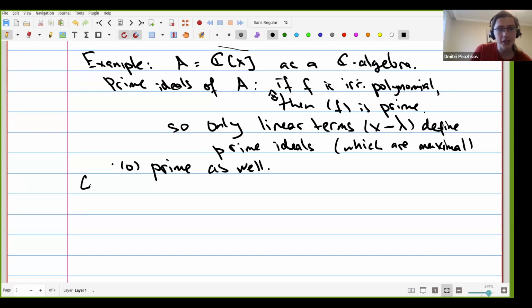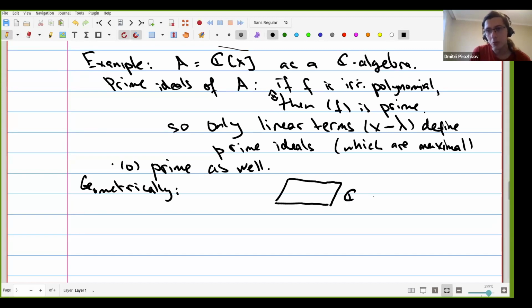So geometrically, you have the complex plane where each point is a number lambda, which defines the maximal ideal (x minus lambda). And there is also something over here, that's the ideal zero.